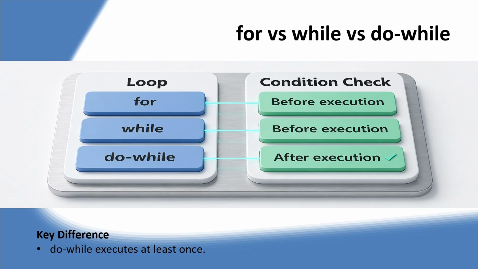User input validation is another use of do while loop, and repeating actions at least once. So do while loops are commonly used when a task must be performed at least one time before checking whether it should continue.